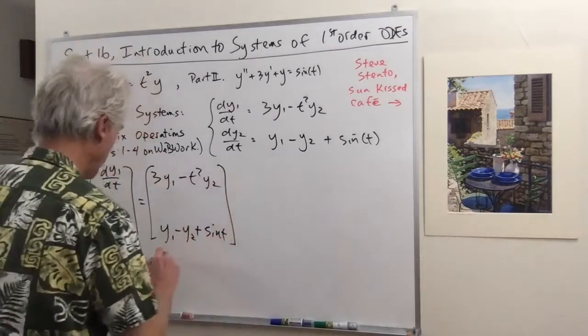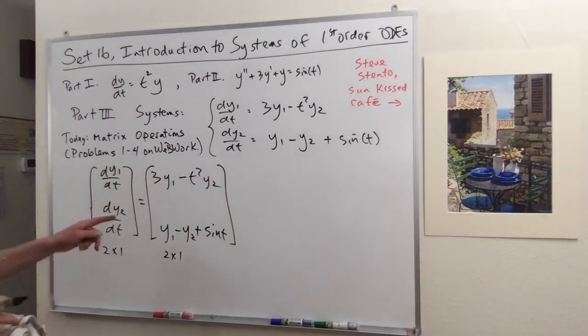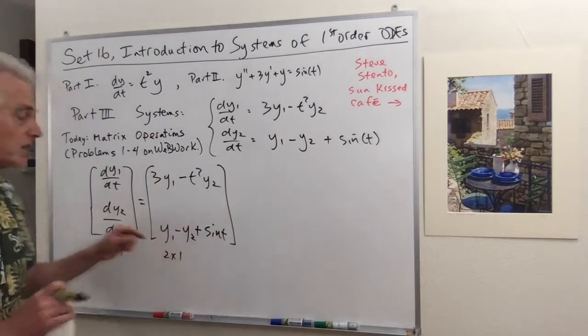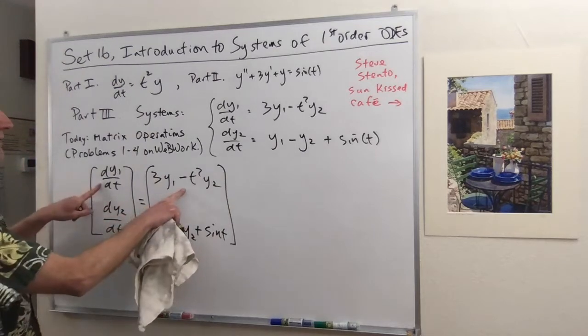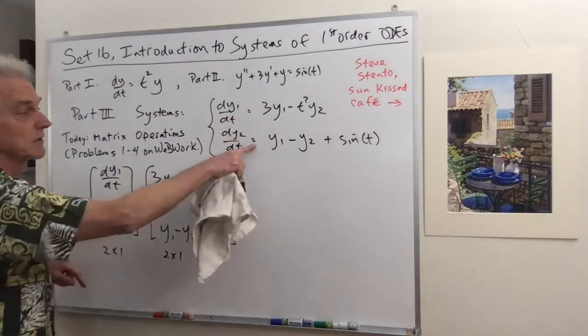Okay, and here's a 2 by 1 matrix. So there's only one equal sign here because it's an equality of vectors, which means that the first component's got to be equal, bingo, and the second component's got to be equal, bingo.